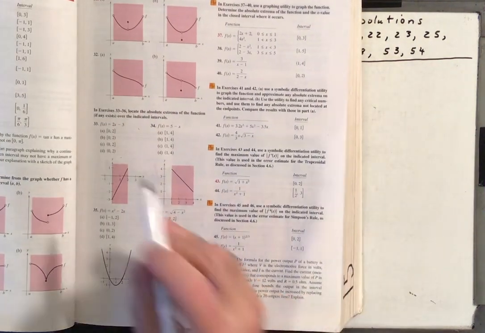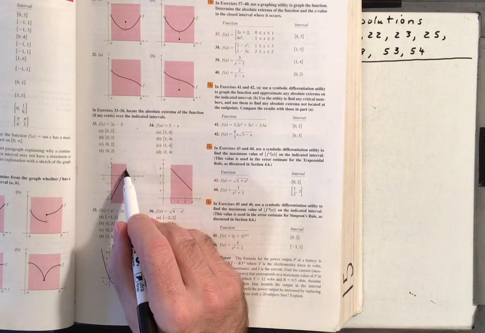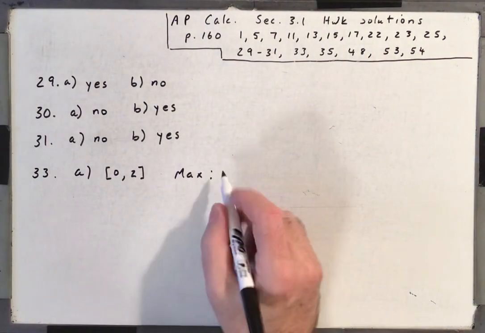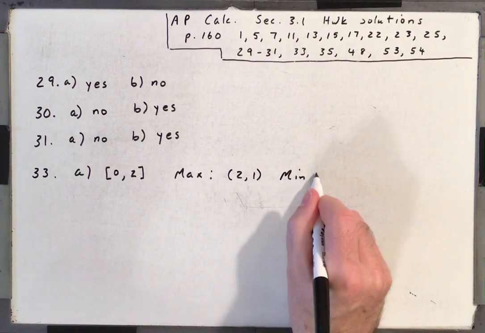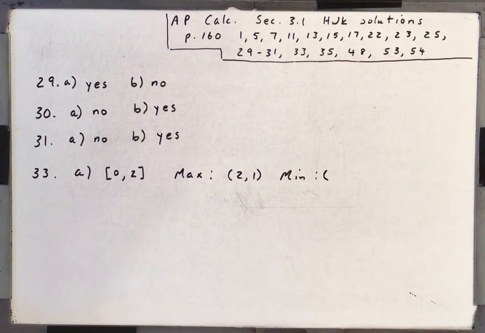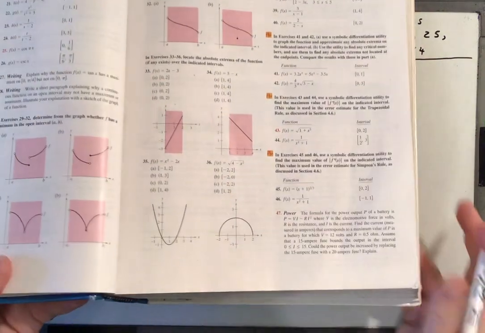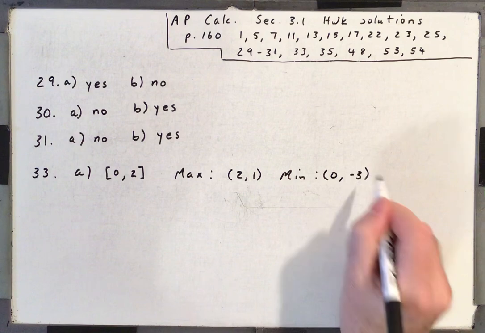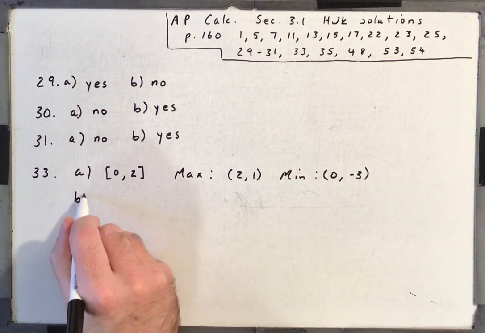Between 0 and 2, the maximum occurs at the point (2, 1). That's the highest value on that graph. The minimum occurs at the point (0, -3), right down here. Again, this is a closed interval, so it's continuous, so it's going to have a max and a min.